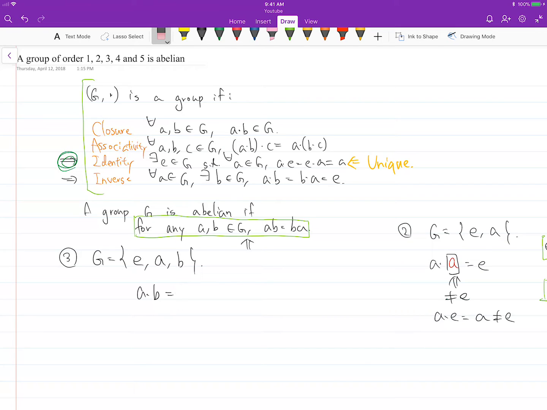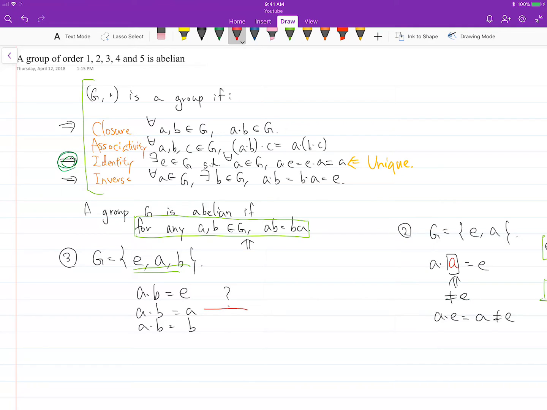And then because of this closure property, we know that A times B is in G. So it's one of these three elements. So there are three possibilities: A times B is A, or B, or E. And then which one of these is the correct one?